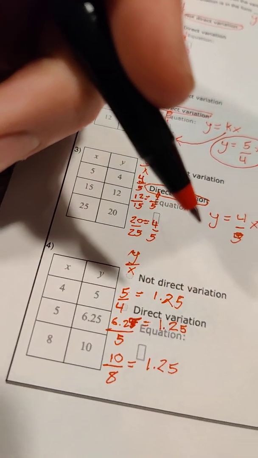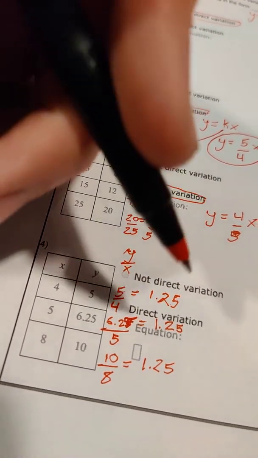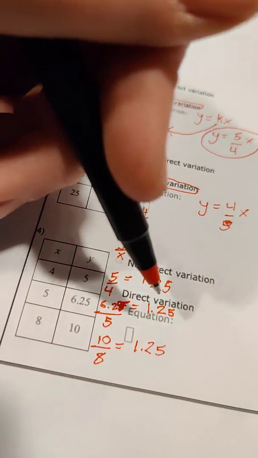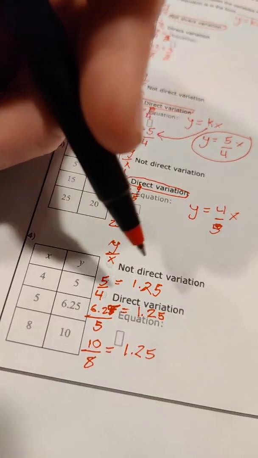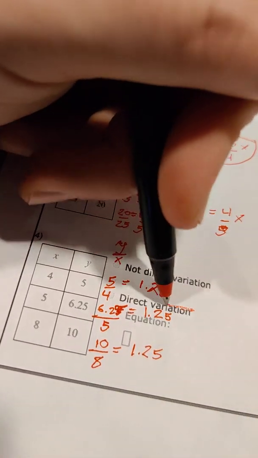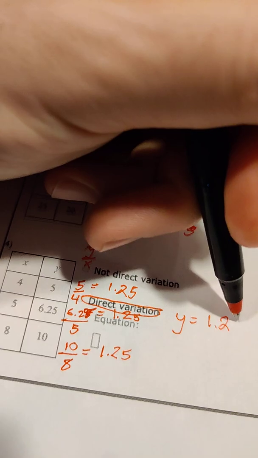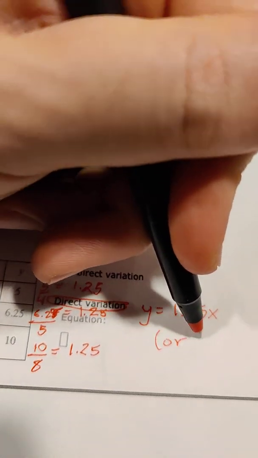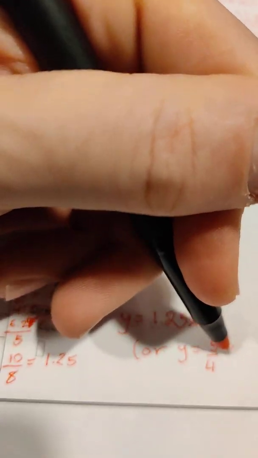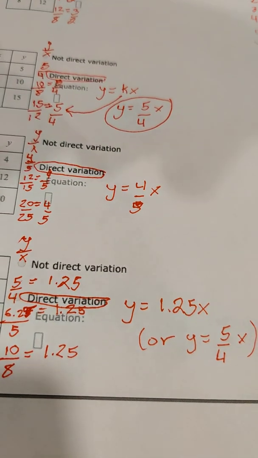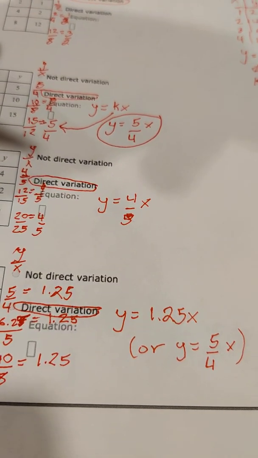So we do have that constant ratio of y to x throughout, and that means it's going to be a direct variation. And the equation is going to be y equals 1.25x, or y equals 5/4x. All right, that's going to be it for this lesson.